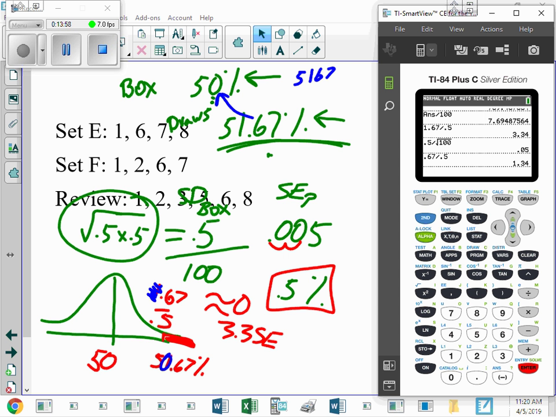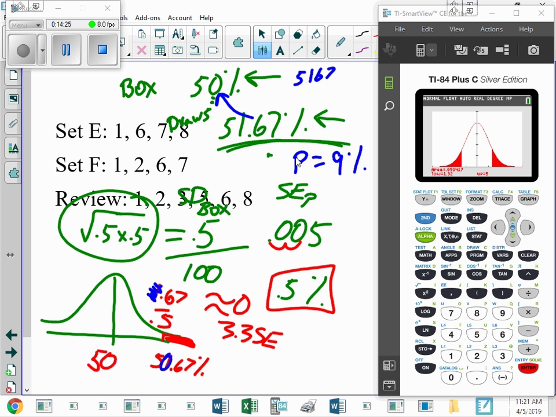Okay, but we need to compute the p-value, so I have to do a shade norm from 1.34, is that what it was? To 5. And when I do that, I get a right tail area of 9%. So P equals 9%.